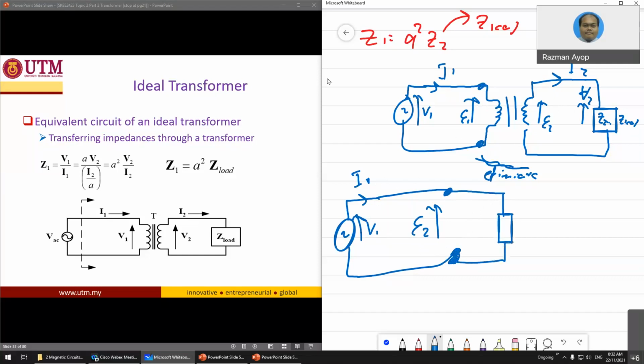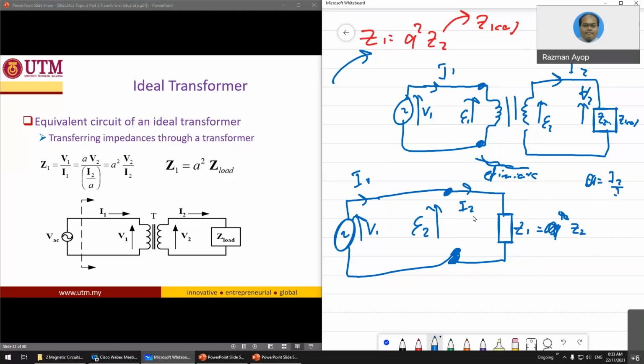So remember this formula. Because you want to transfer Z2 to Z1, Z1 is just basically a squared multiplied by Z2. That's it. And this one becomes I2 divided by a.